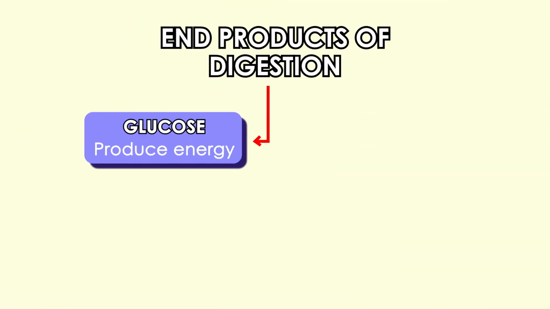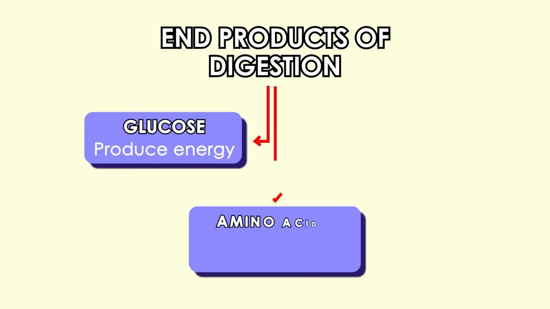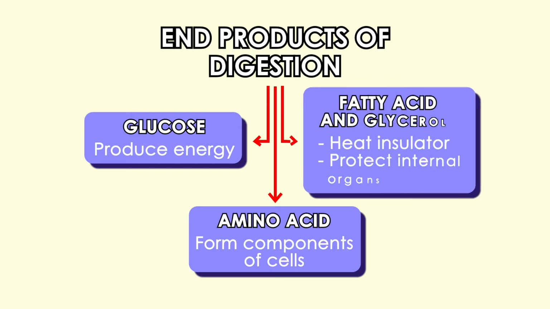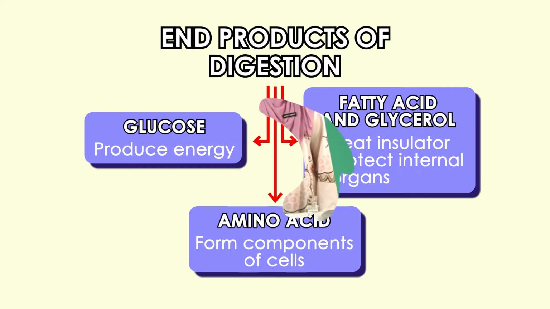Glucose is used to produce energy. The function of amino acids is to form components of cells. Fatty acid and glycerol combine together to form fat, which is used as a heat insulator and to protect internal organs.